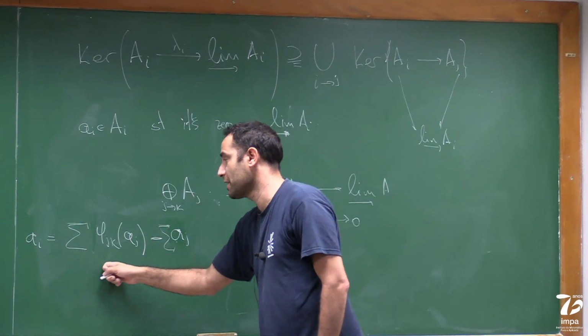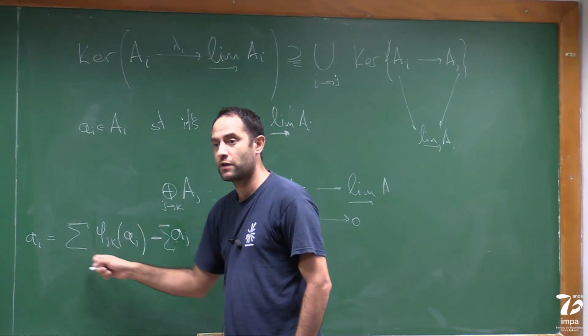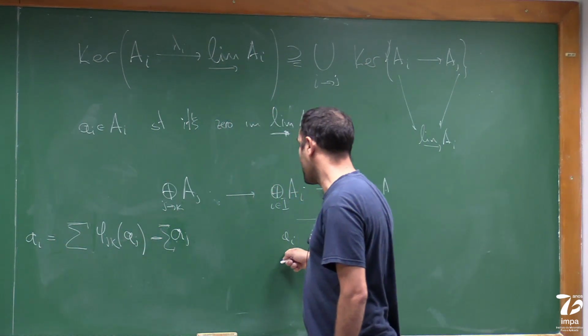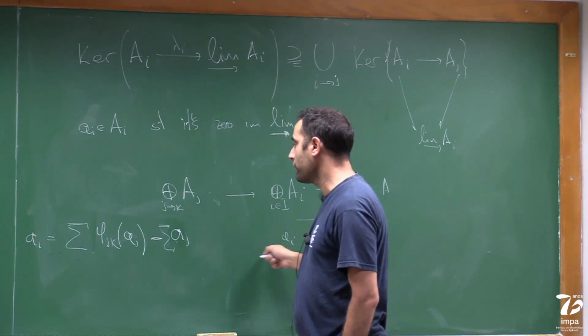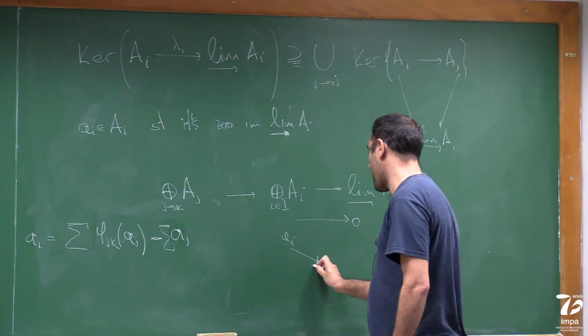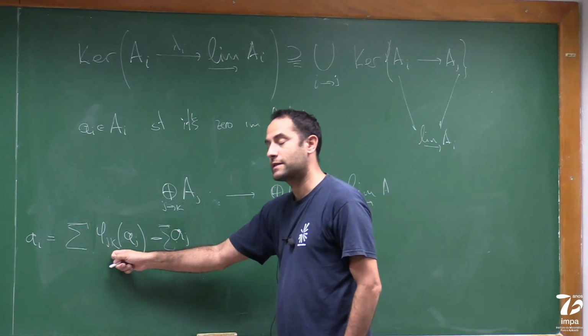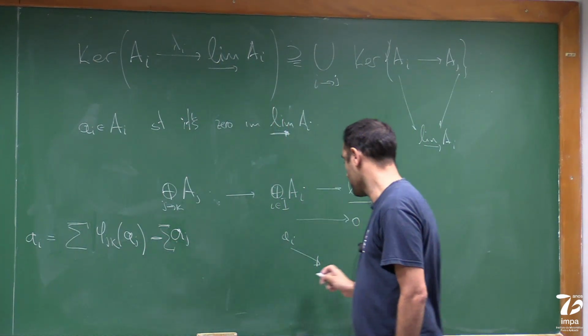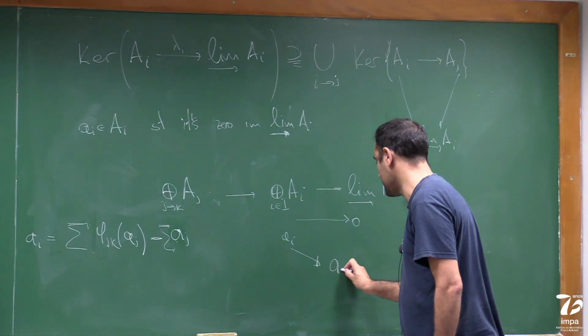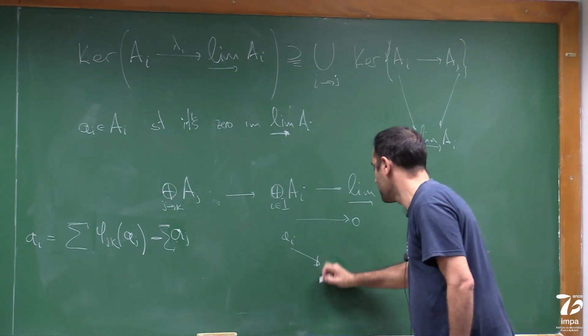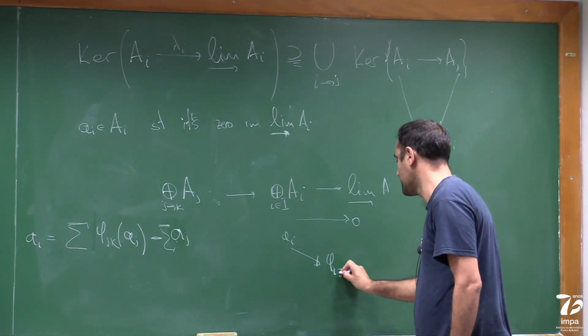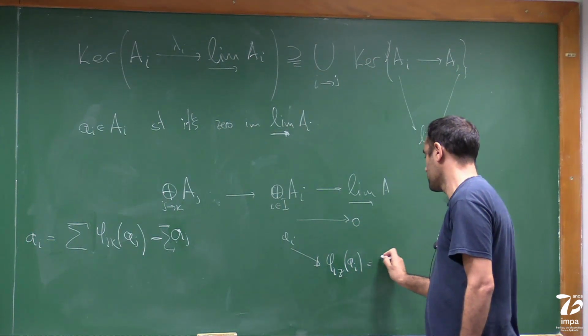This is happening in the colimit. Both of these guys are 0 in the colimit. So what I can do is change this i by looking at a larger arrow than all of these k's that appear here, to some, I don't know, A_z, to some phi_iz of a_i. So this is going to be some A_z.